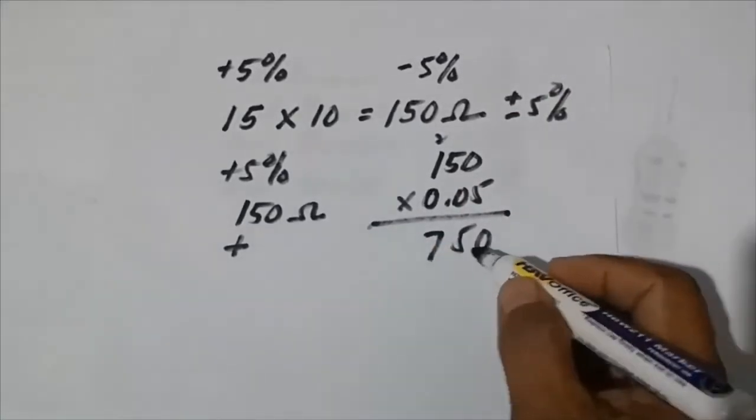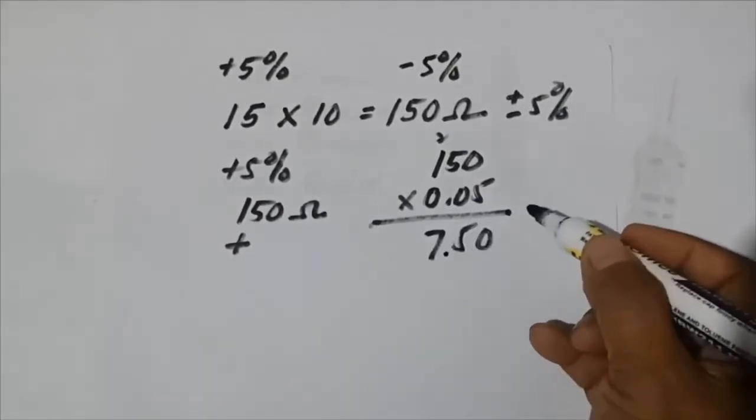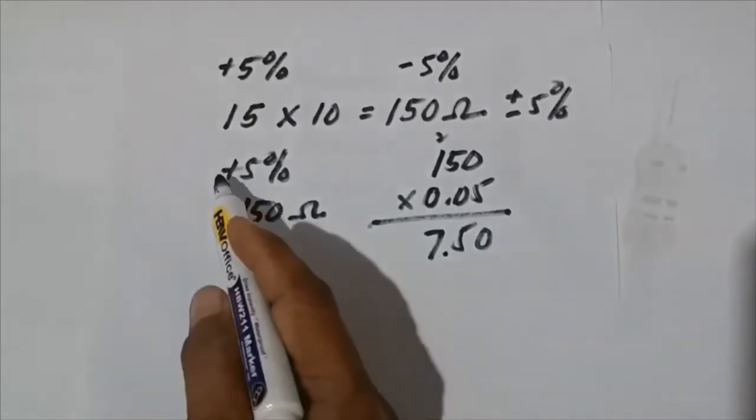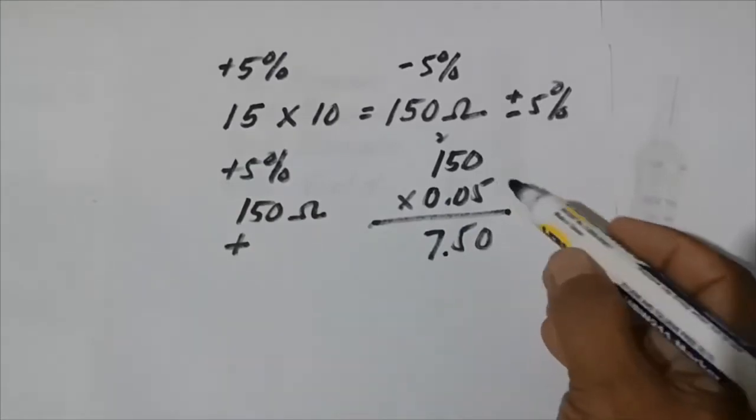So now to get the positive 5% of 150, we have to add 7.5 to 150. And the negative 5% will be subtracted from 150.